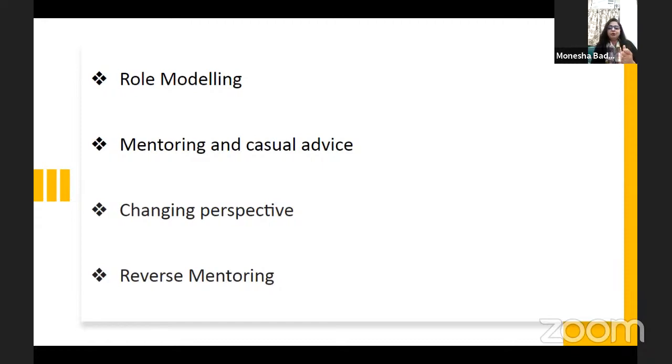Taking it forward. I have a psychology background. I got married and I was doing my work. Then I left it for some time, but then there came a point when I had to get back to work, and that gap in between made me a little unsure whether I could do it.